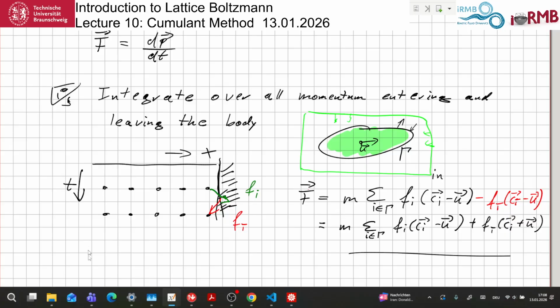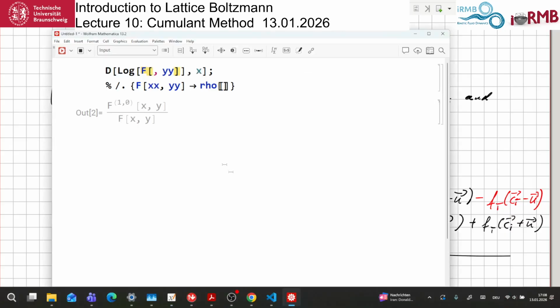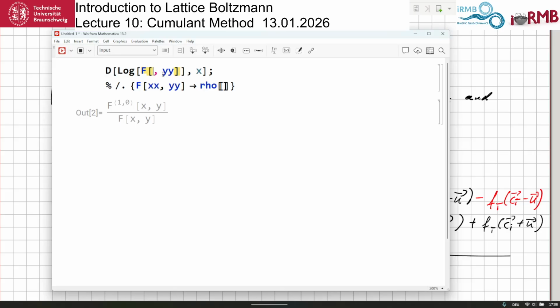Oops, that was wrong. So let's do it the right way. So Xi, yeah. President Xi doesn't like this letter, I know. Xi and upsilon, so that you actually see how it's supposed to be written.